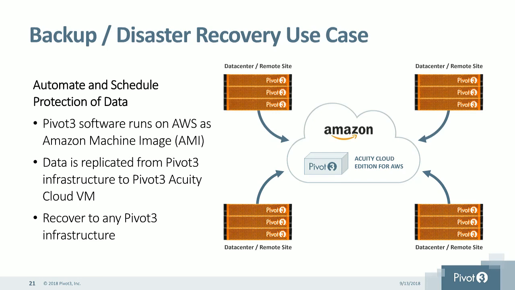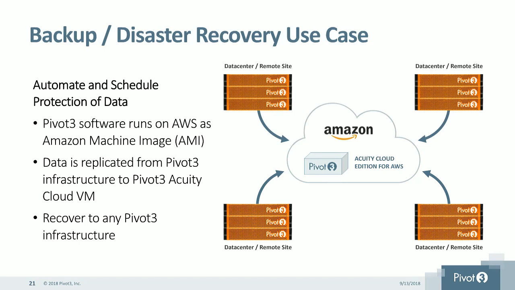So you have your on-prem hyperconverged stack from Pivot3 running the same Acuity software, and now you're running an instance of that software on Amazon. This facilitates backing up your data directly from an on-prem data center or a remote site into an Amazon cloud environment.